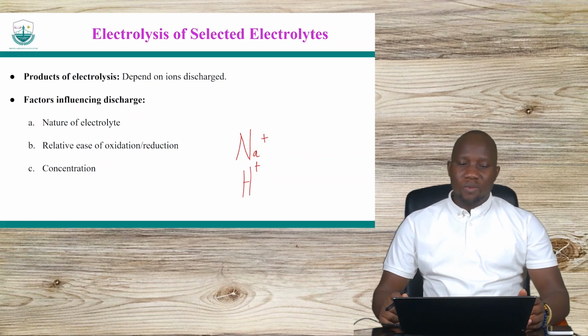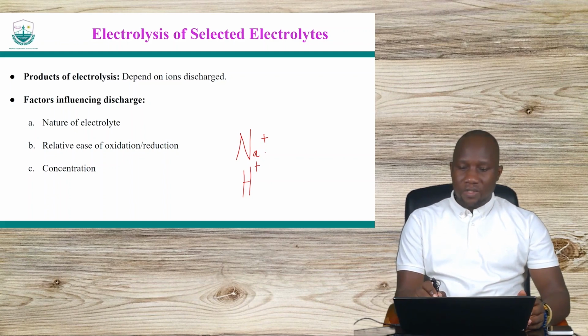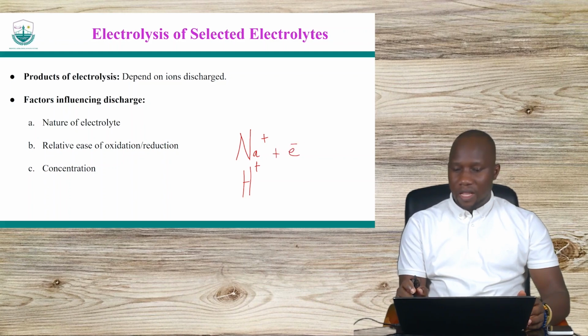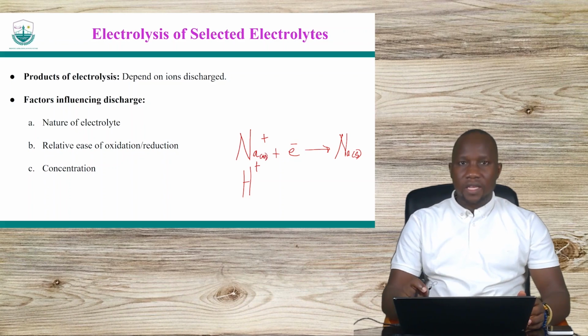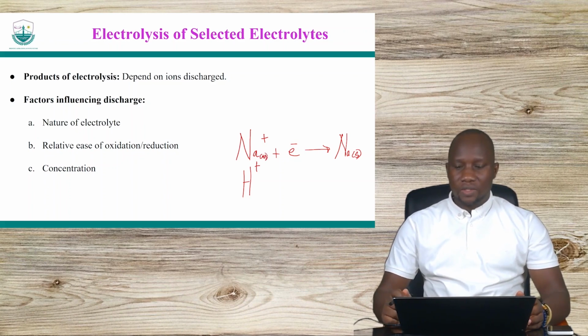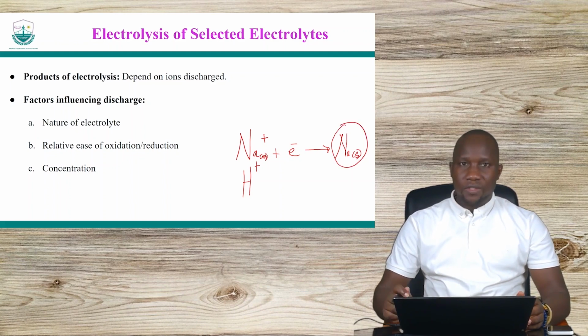Okay, so which one will be discharged? Because if we discharge sodium, it means that we'll have an electron there and get sodium, which is solid here. This is aqueous, right? That's what will happen. So it means here you have lost the charge.